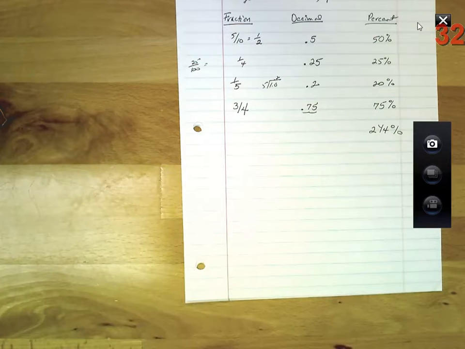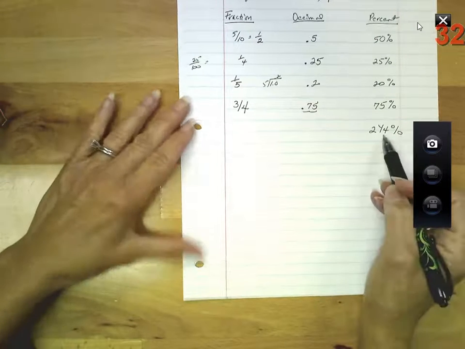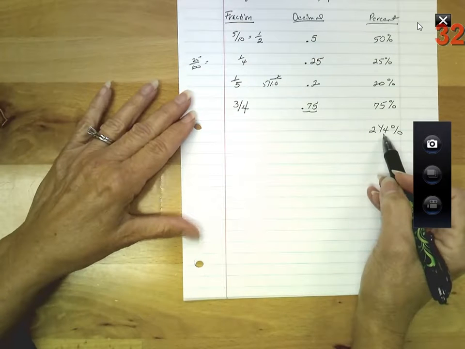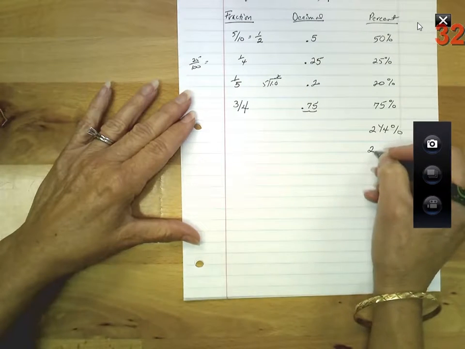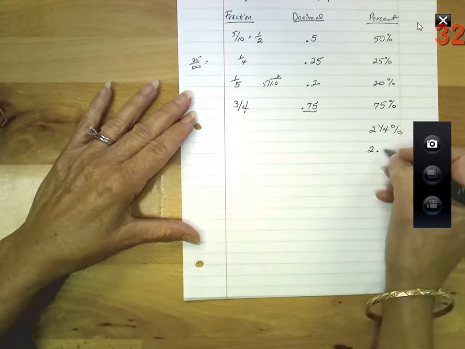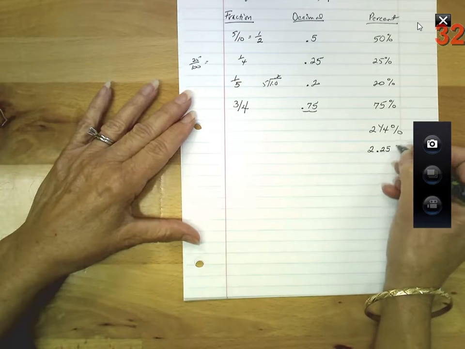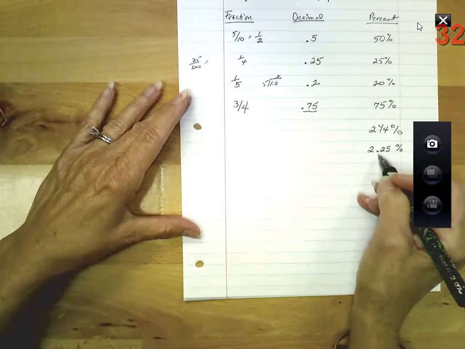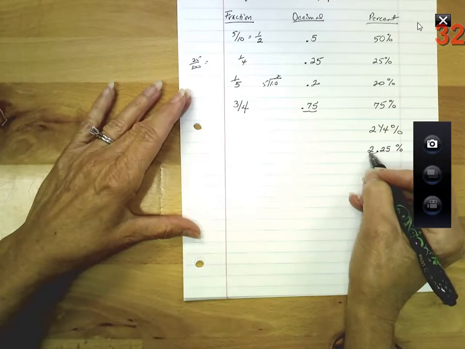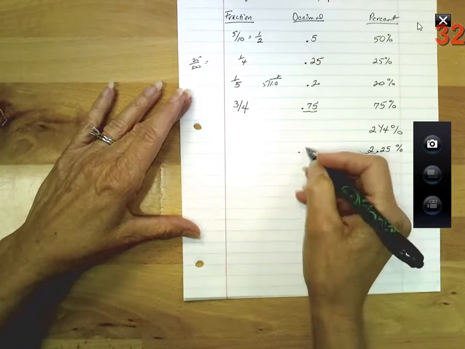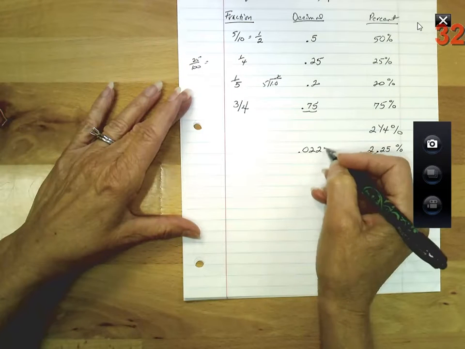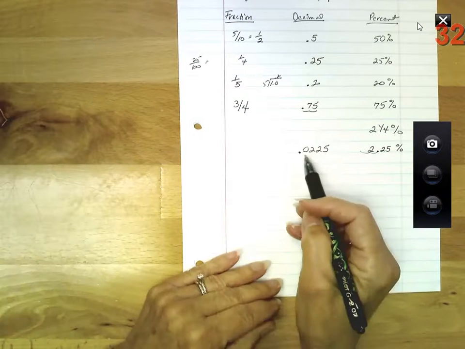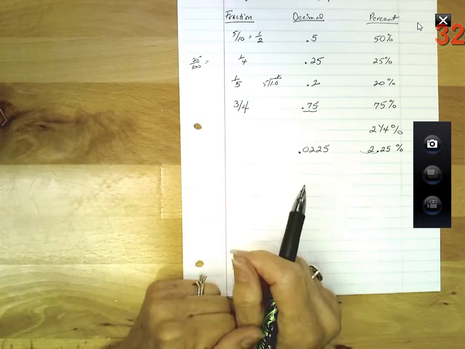Okay, now this next one gets a little bit harder. But remember, in the very last thing we were doing, it said if you have a fraction, you make it into a decimal first before you do anything. So 1/4 we know is 0.25. Now we're taking this back, and we're going to make it back into a decimal. So you move it 2 places. So it's 0.0225. Now we've said several times, if you read it as 0.0225, that doesn't mean anything to your brain.